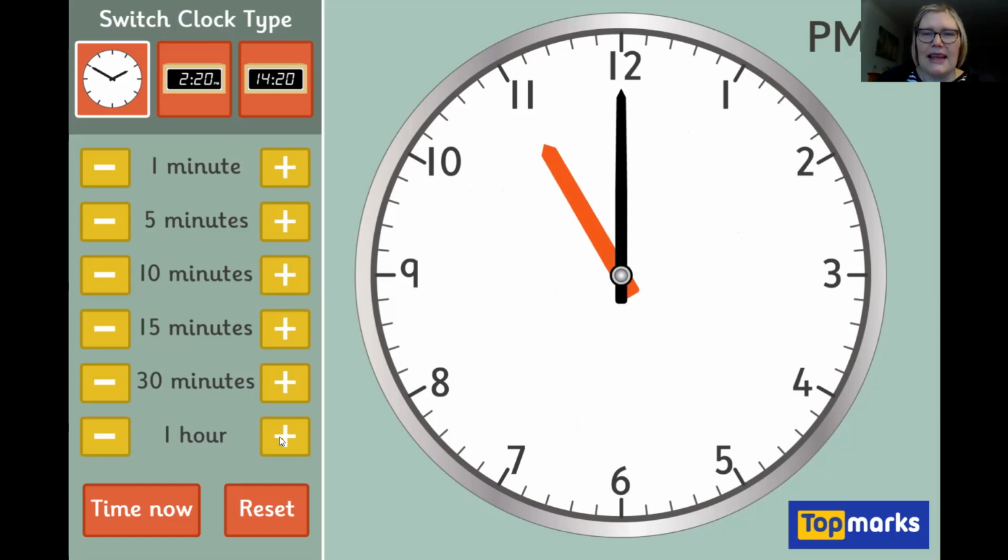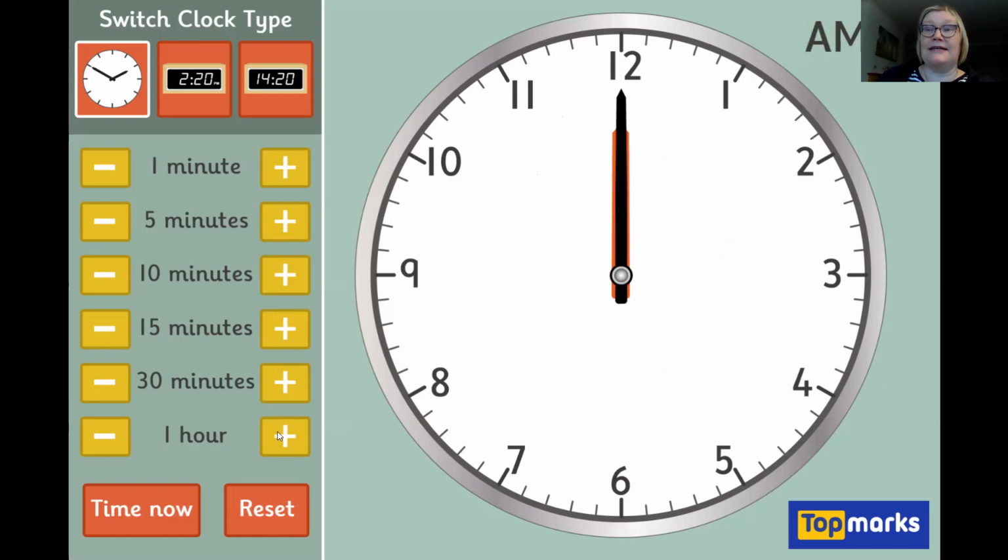So it's now 11 o'clock. The minute hand has gone all the way around the clock again, a full hour back at the top of the clock, but the hour hand has only moved from the number 10 to the number 11.